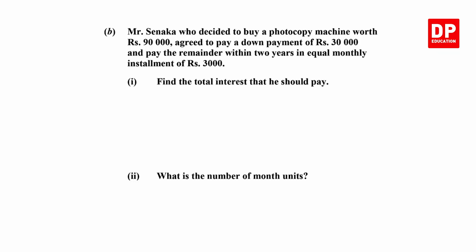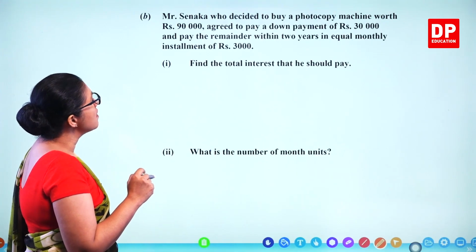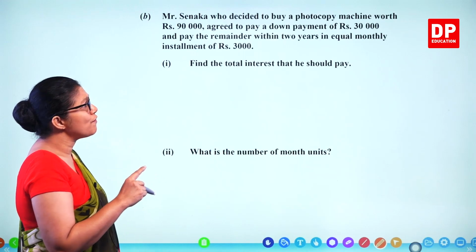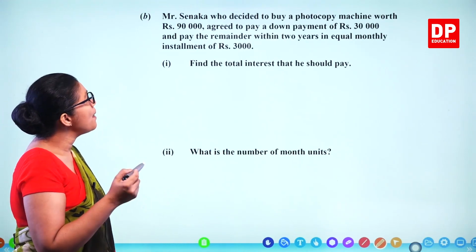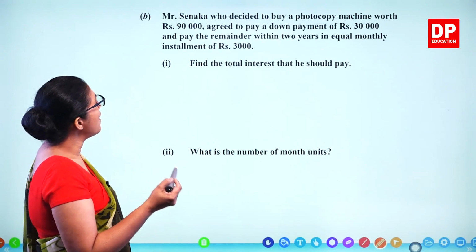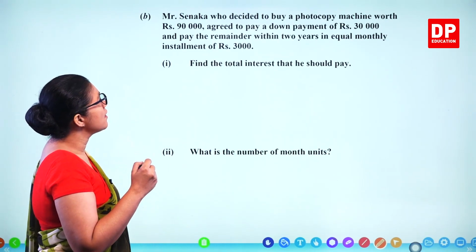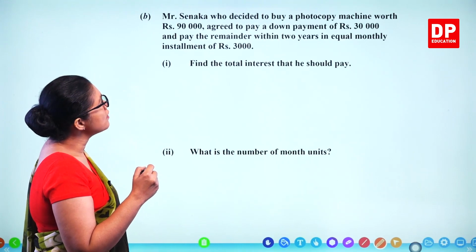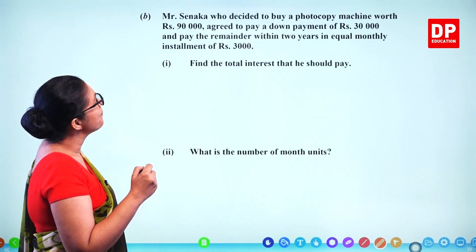Part B. Mr. Senaka decided to buy a photocopy machine worth 90,000 rupees. He agreed to pay a down payment of 30,000 rupees and pay the remainder within 2 years in equal monthly installments of 3,000 rupees. Find the total interest that he should pay.